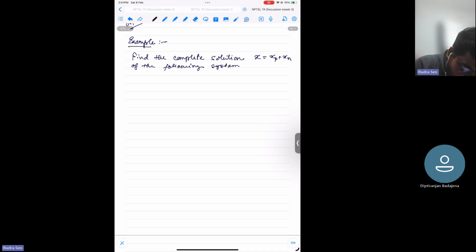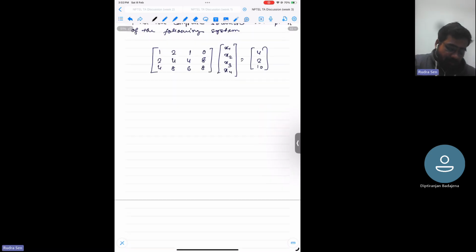The system is 1 2 4, 2 4 8, 1 4 6, 0 8 8, with x1, x2, x3, x4, and the right-hand side 4 2 10.